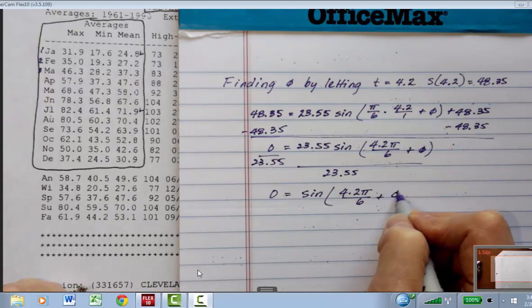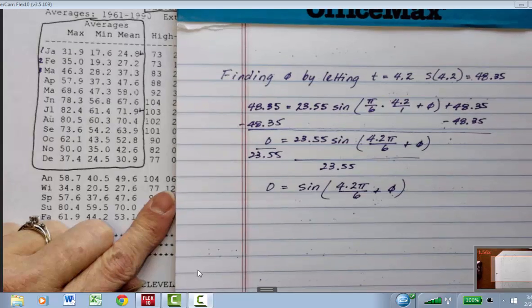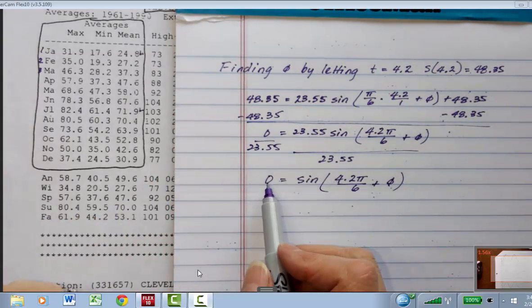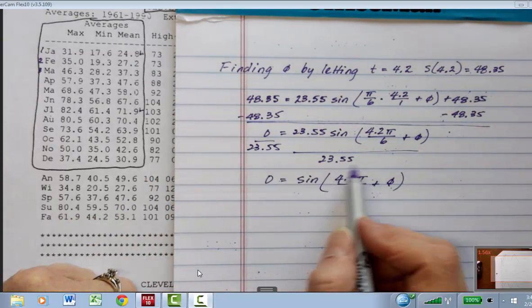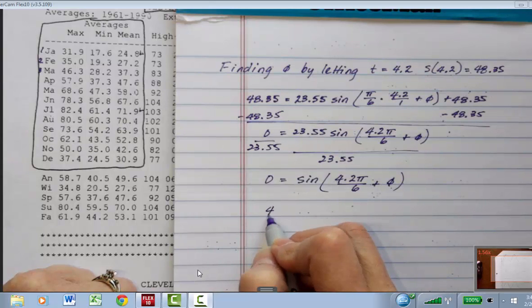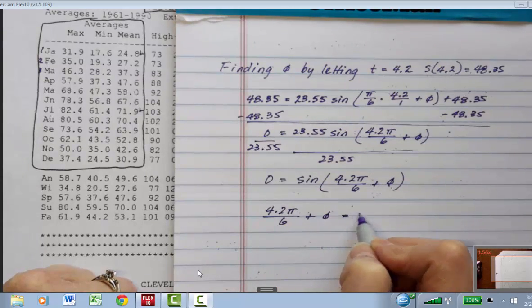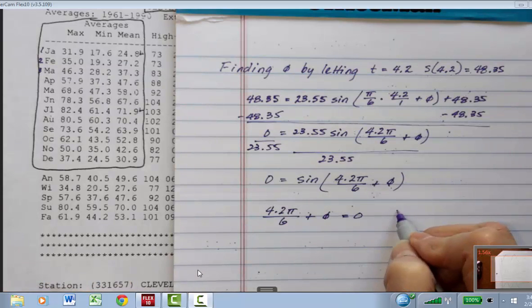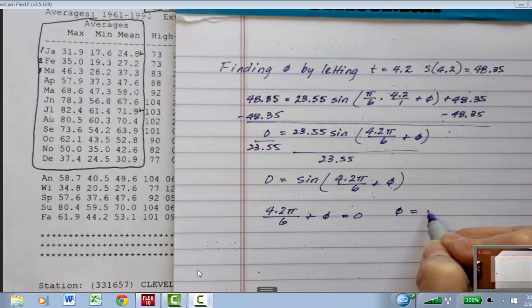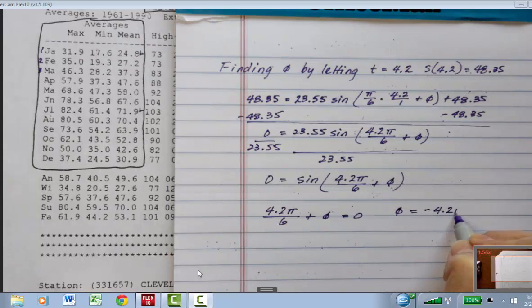And I ask the same questions. Where is sine equal to 0? It's at 0 radians, so I'm going to take 4.2 pi over 6 plus phi, set it equal to 0, solve for phi, and phi in this case is going to be equal to negative 4.2 pi over 6.